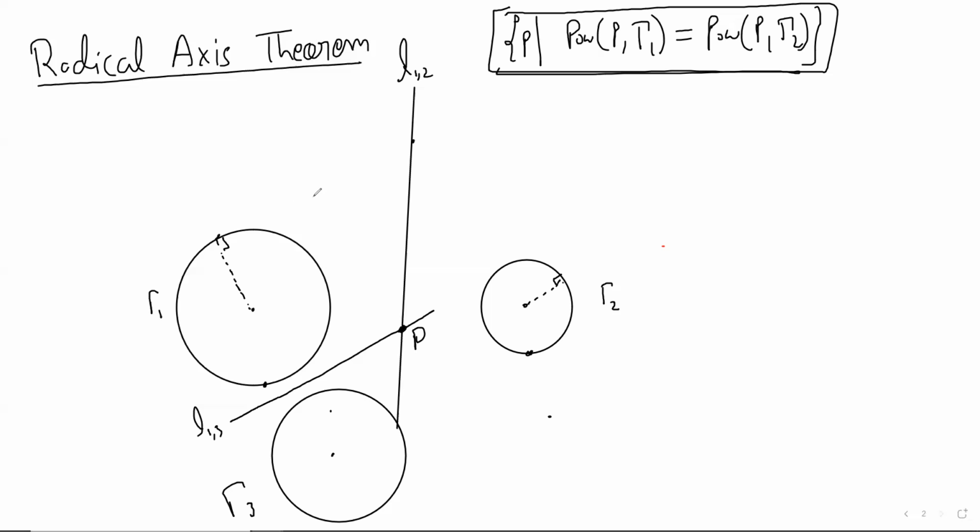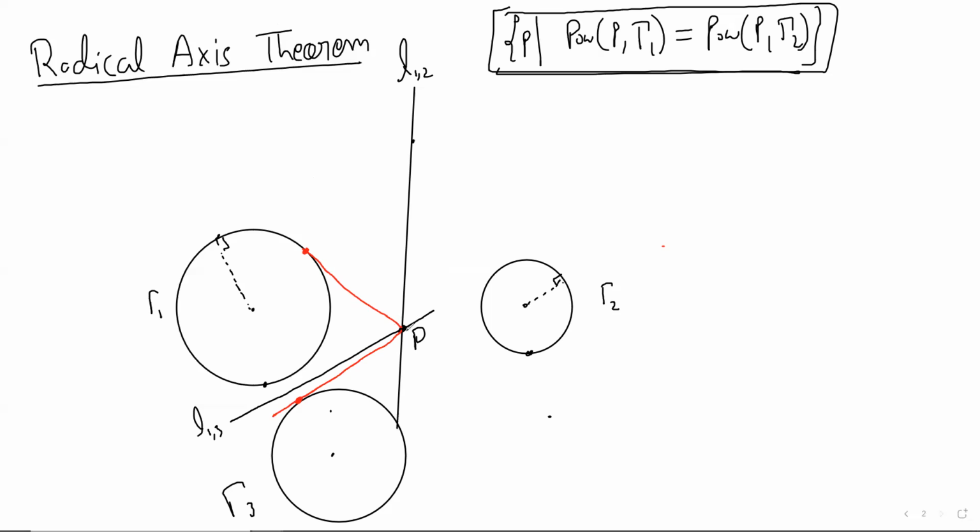We can even forget the radical axis thing. What I'm saying is that when you draw the tangent from here to here, the length of this tangent is equal to the length of this tangent. That is all I'm saying.